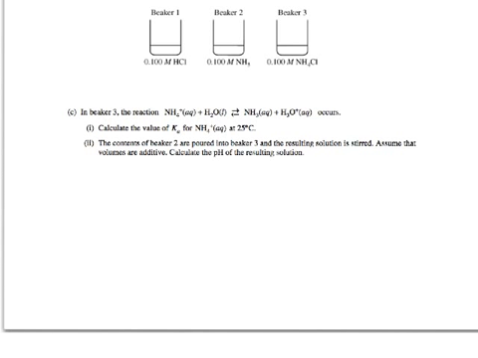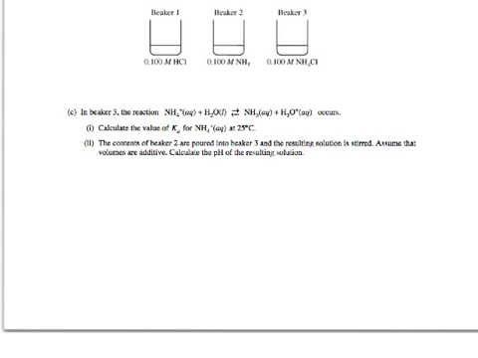Okay, now we move on to part C, and in part C they want to know what's going to happen in the reaction in beaker 3. So again, they give you the reaction, which is nice, and they want you to calculate the Ka for the ammonium ion. So you should recognize that as I said earlier, the ammonium ion is the conjugate of NH3.